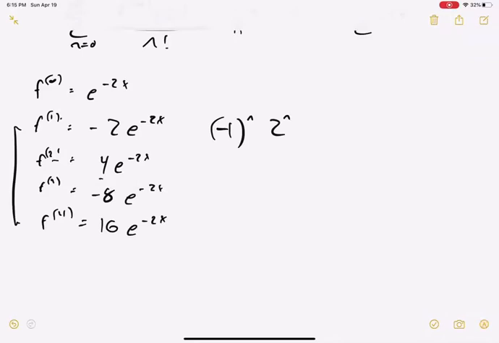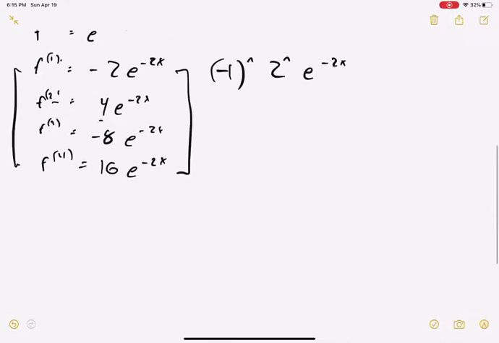And then what do we have? We just have e to the negative 2x in every one of the derivatives, right? So in general, we can say that the nth derivative is negative 1 to the n, 2 to the n, e to the negative 2x.